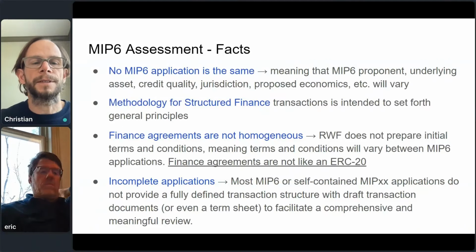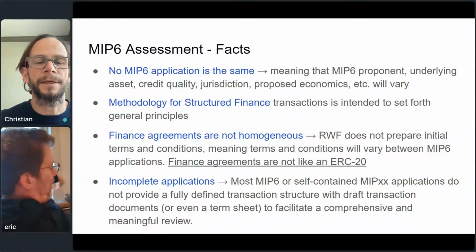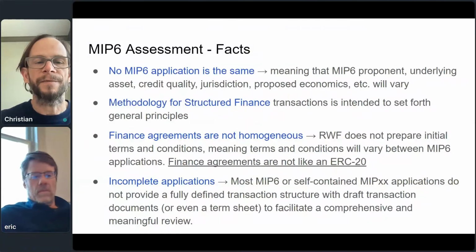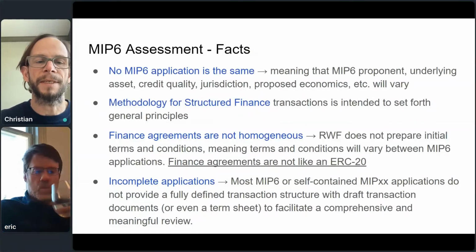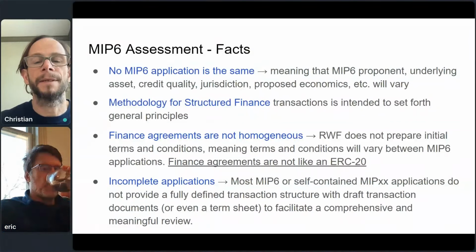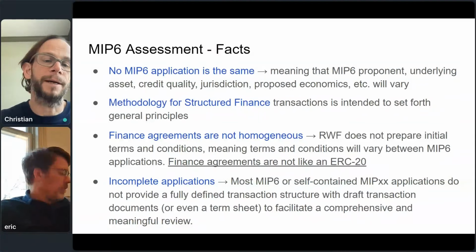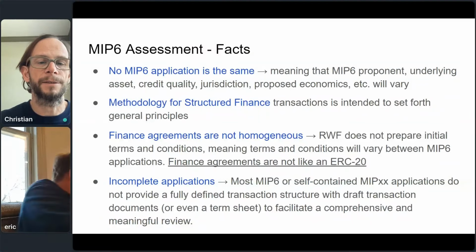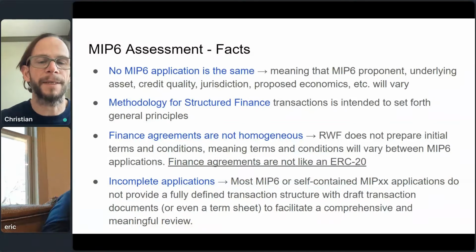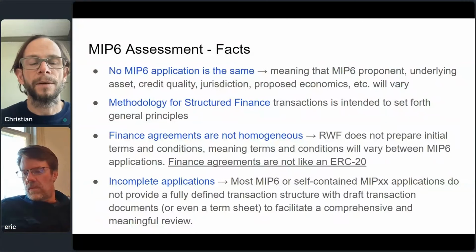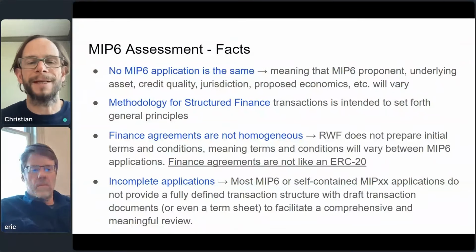So just to discuss MIP6 and set out some facts for the community to understand. First and foremost, no MIP6 application is the same. The MIP6 proponent, the underlying asset, the credit quality, jurisdiction, proposed economics, etc., are going to vary from application to application.